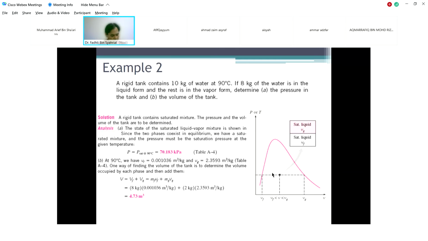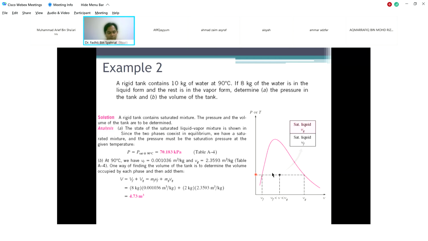P saturation, P sat, at 90 degrees C. Saturation pressure at 90 degrees C, because here the temperature is 90 degrees C. This is the constant temperature line, right?